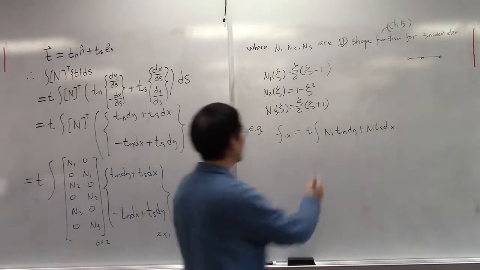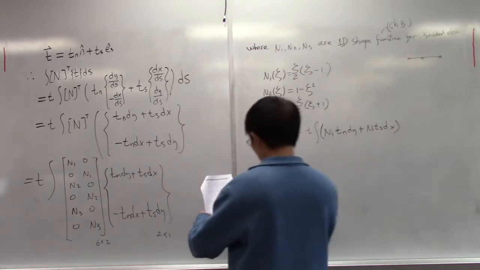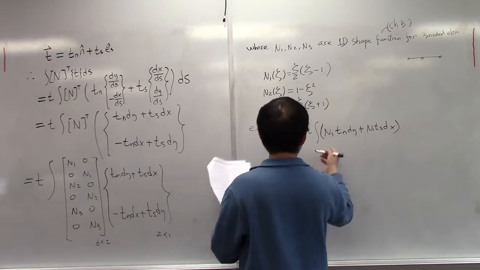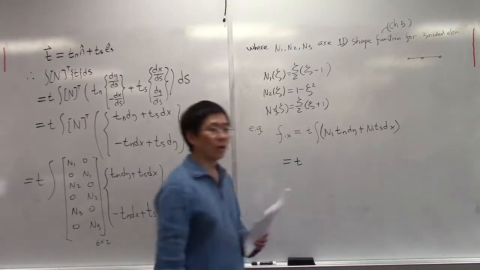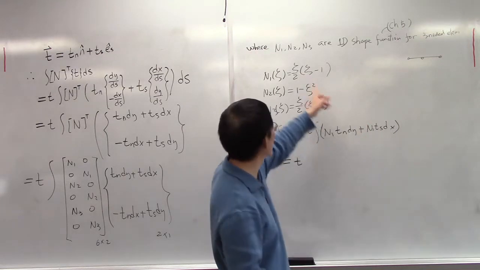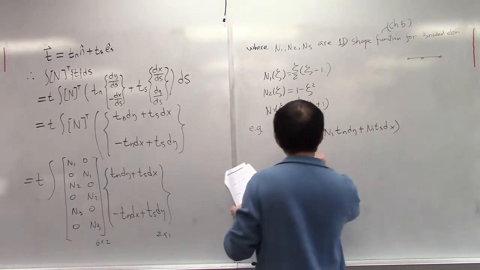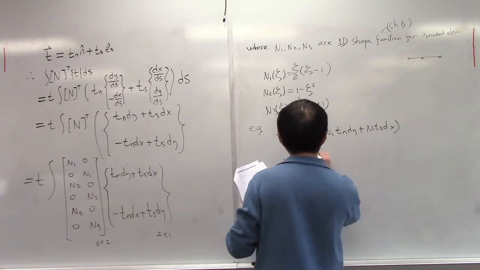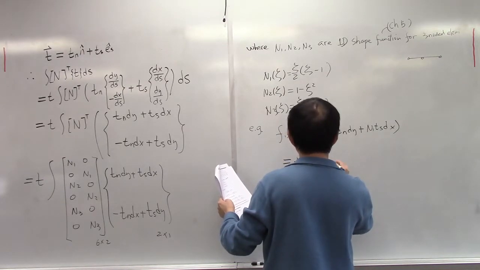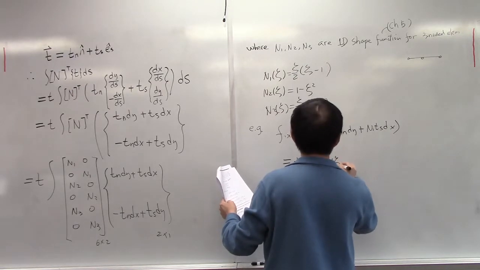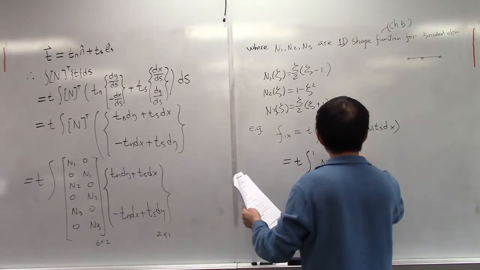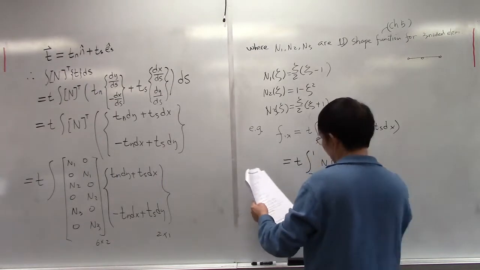How to integrate that? Okay, this is global coordinate, and then again when we do the integration we use natural coordinate. So it will transform this into -1 to 1, and the n1 is a function of xi, like this one. And then we integrate this.